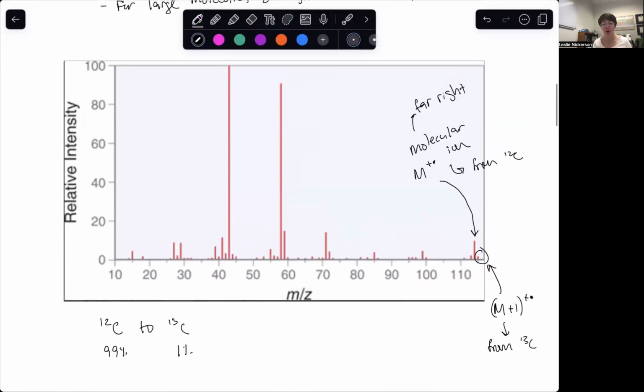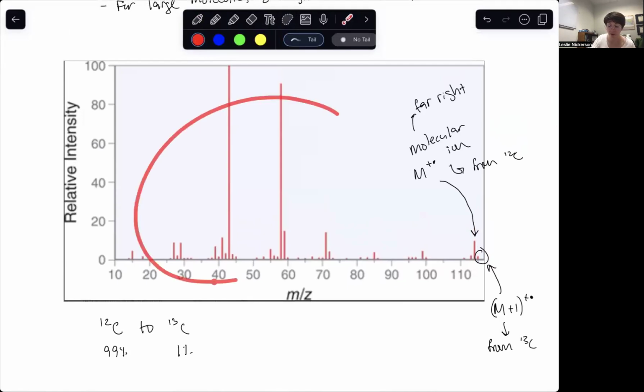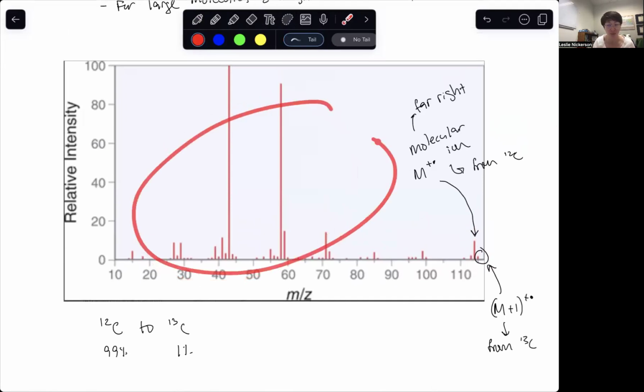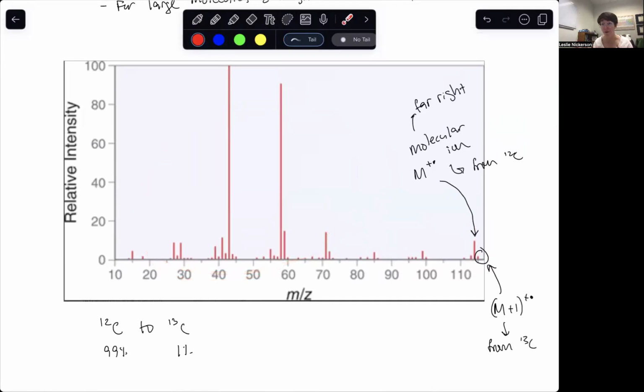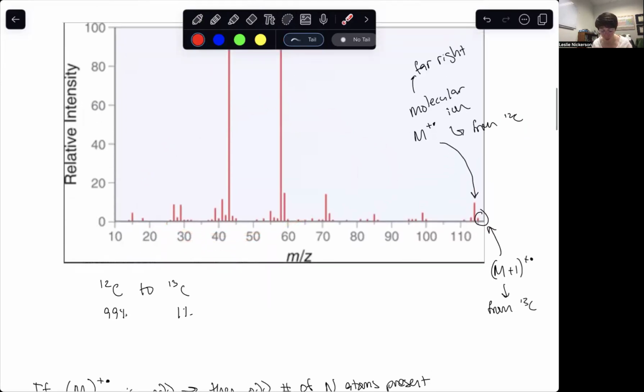That's kind of what we're looking at. We're not going to worry too much about fragmentation patterns here. There is a lot of work that goes into that, and it's definitely a large aspect of science that is heavily researched, but we're mainly going to focus on the molecular ion peak.